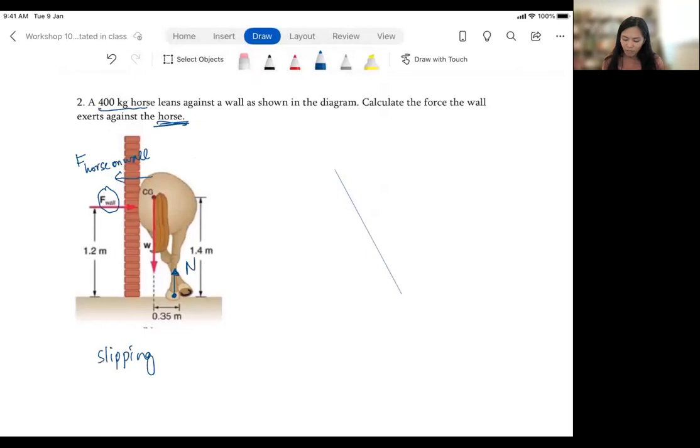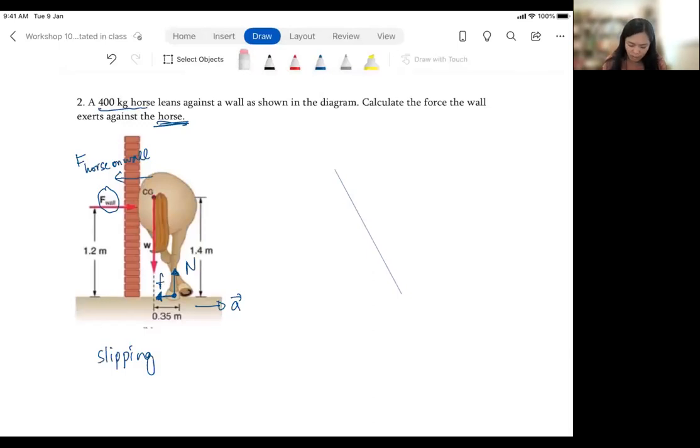Okay, if it were to slip, so there would be a tendency for motion to the right. But that doesn't happen because there is a frictional force that is counteracting that possible motion to the right. Okay, so there should be a frictional force to the right that's exerted on the hoof of the horse.